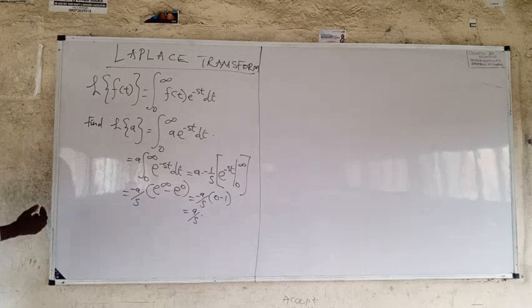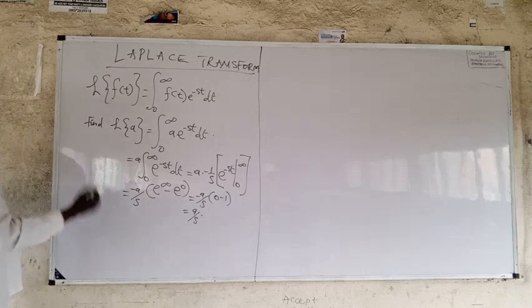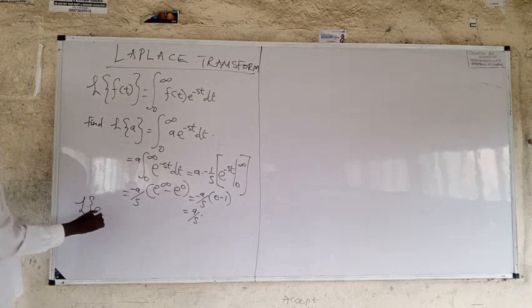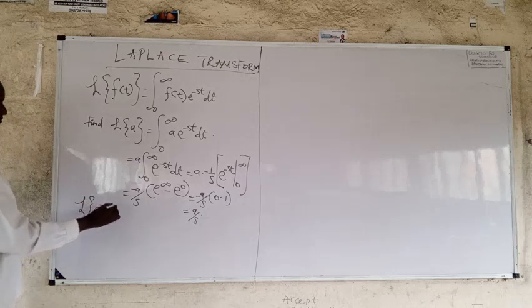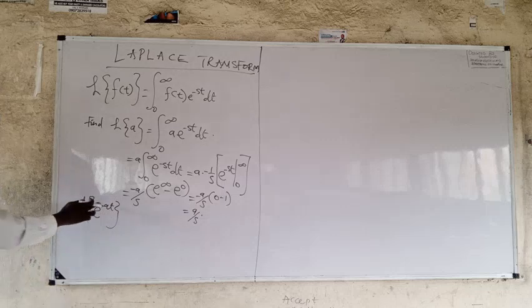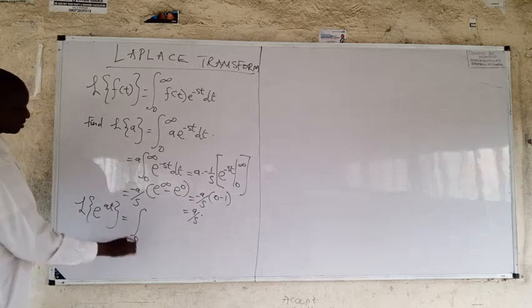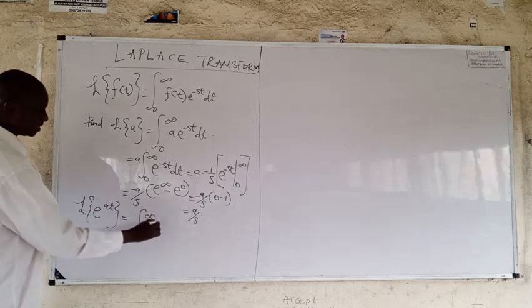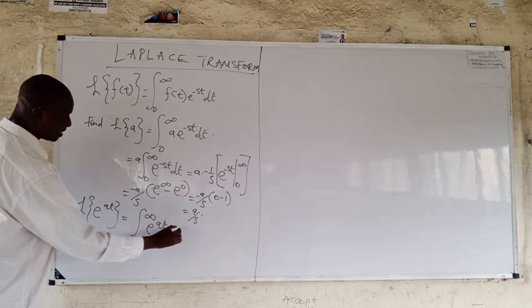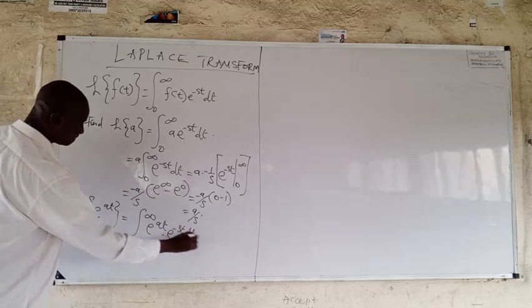Also, progressively, if we are to get others, like the Laplace transform of exponential at, let's remove the minus. What you do is to integrate 0 to infinity of exponent at times exponent minus st dt.